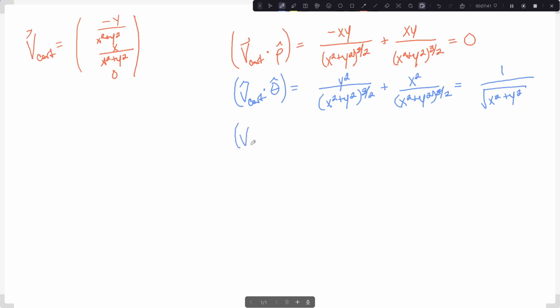And finally, it's not that hard to see that V Cartesian against the z is exactly just the z element, 0. Okay, so now these are my 3 coefficients. If I wanted to write V cylindrically, I would take 0 and then 1 over root x squared plus y squared and then 0, and those are my coefficients against each of the vectors.